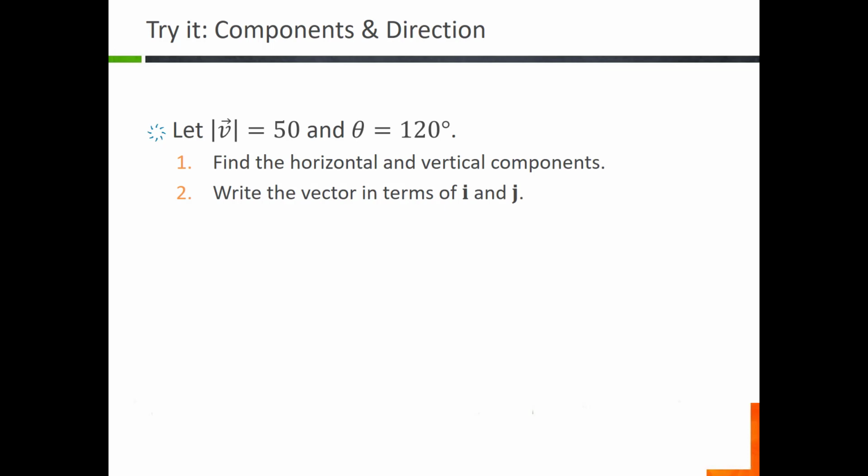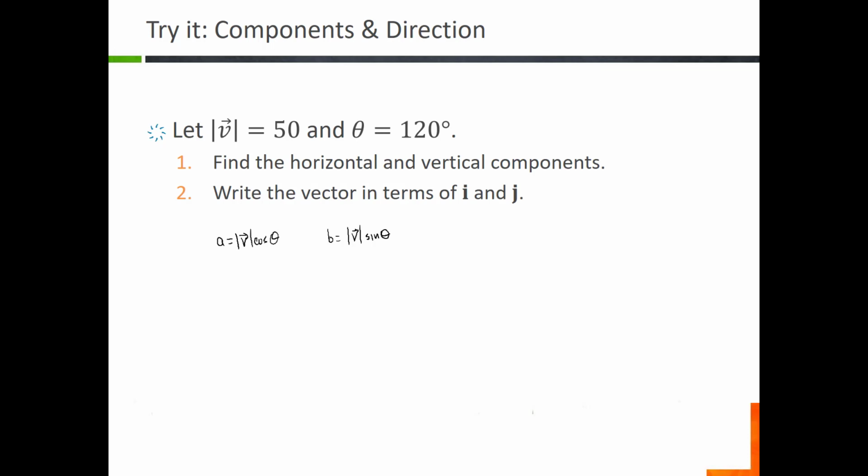So to find the components, we know a is the magnitude of the vector times the cosine of theta, and we know b is the magnitude of the vector times the sine of theta. Again, that just comes from the right triangle that we drew, opposite and adjacent and hypotenuse.